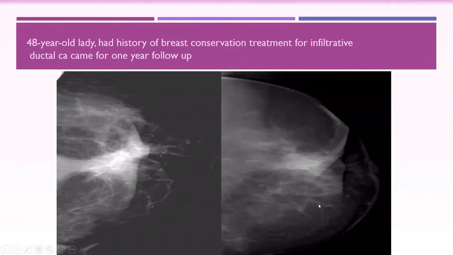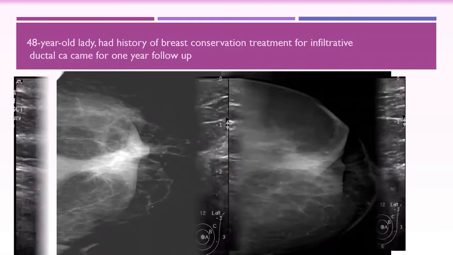So what do you expect this microcalcification to be? Either due to, for example, fat necrosis occurring after surgery, or it could be a new recurrence. Okay, but it's getting less. So you suspect more to be fat necrosis.